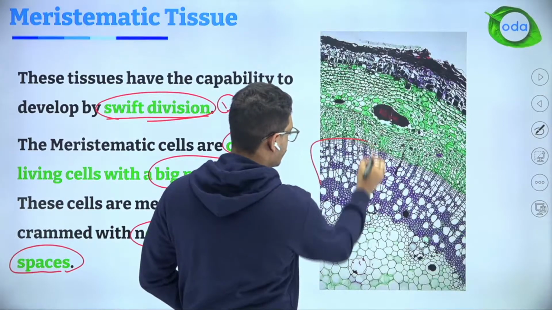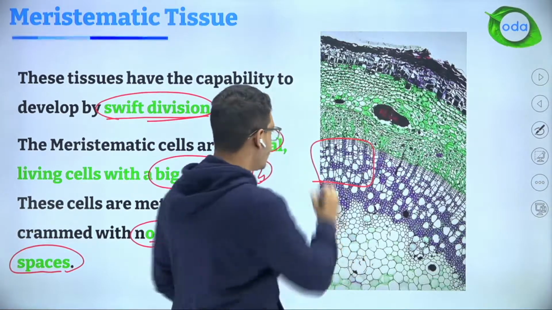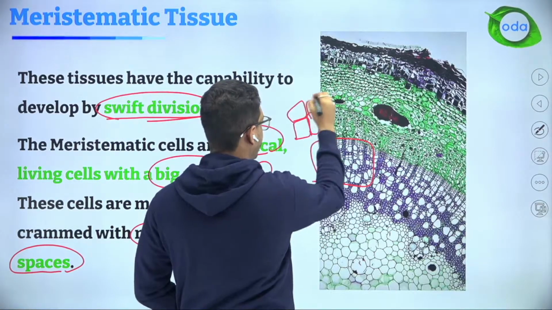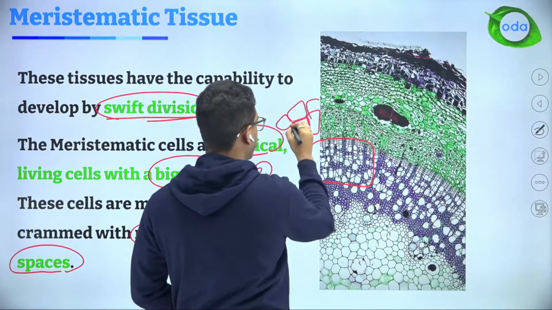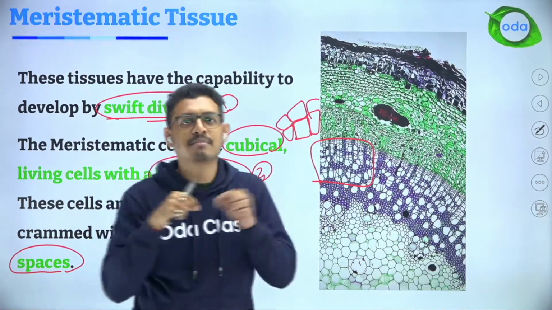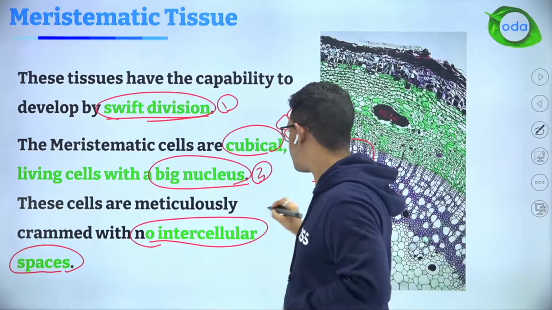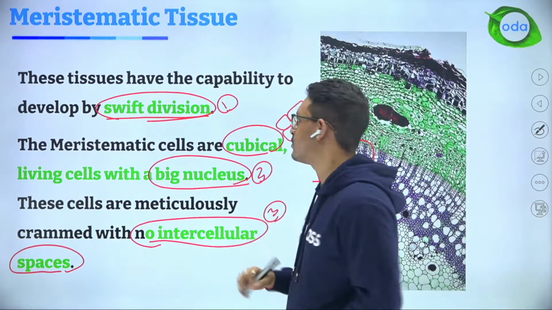When it comes to taking any chunk of the tissue, you will always see that the cells are very well adjusted. They are very crowded and well adjusted with each other, because of which there is no gap in between two or more cells in this kind of tissue. So these are the three main characteristics that you need to remember.